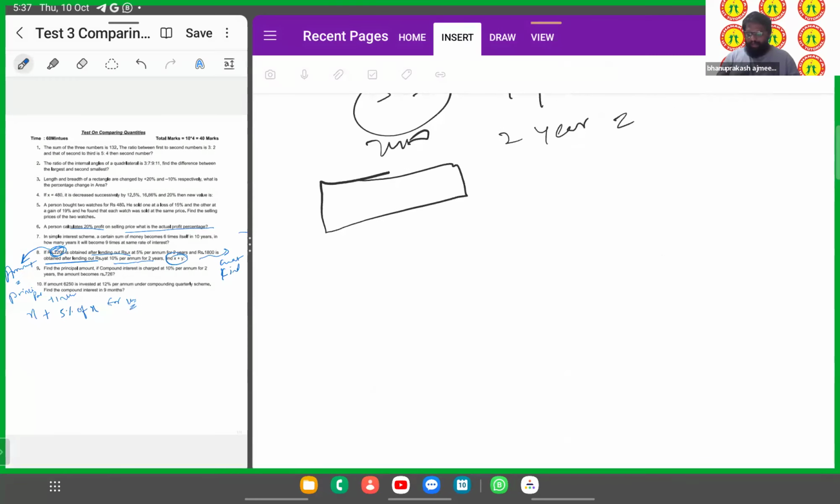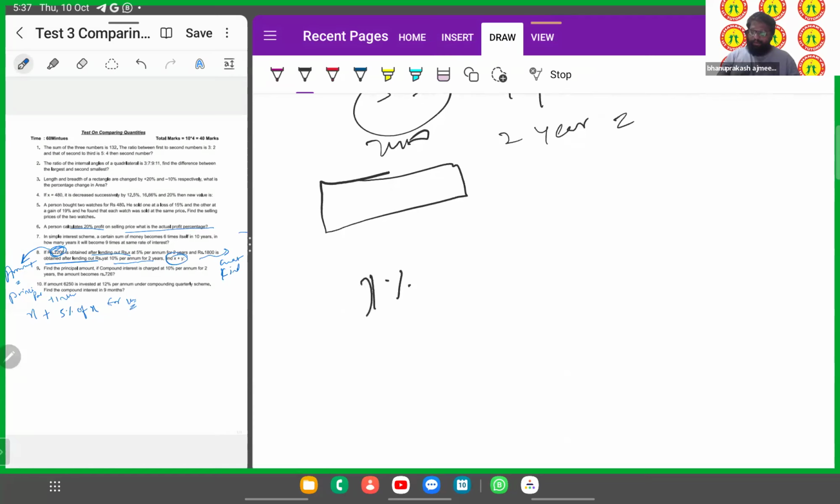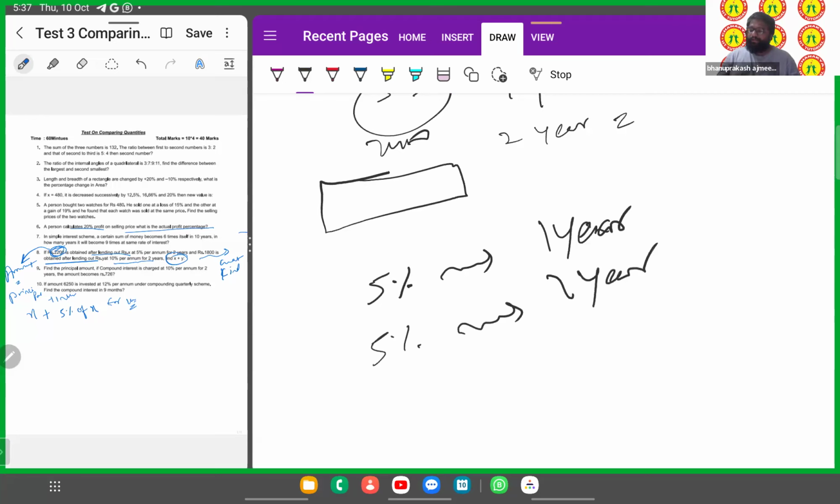Now I know that 5% is for 1 year. So 5% for another year, how much is the total? It's 10% for 2 years.